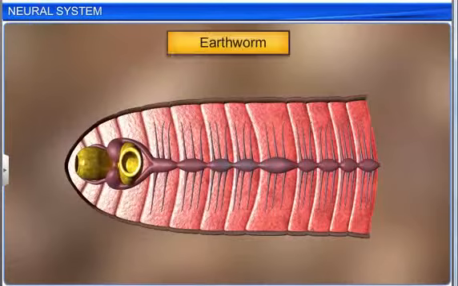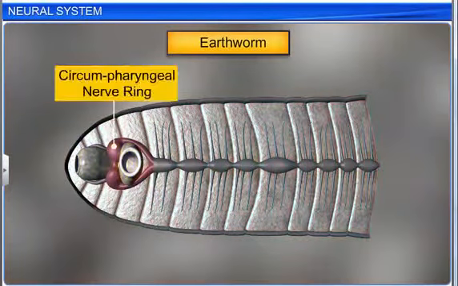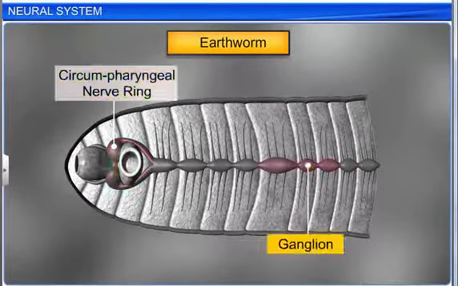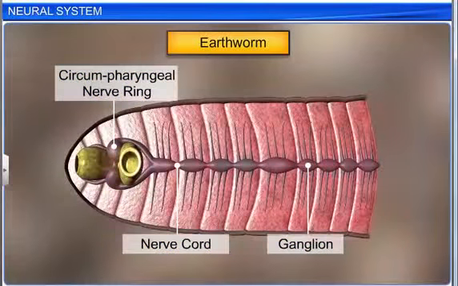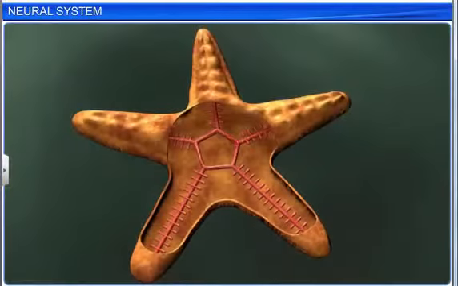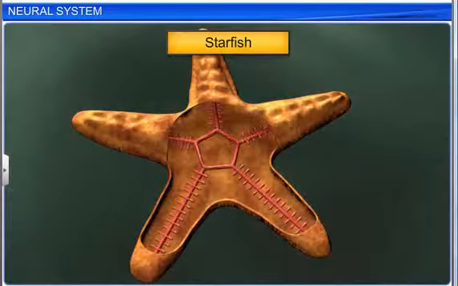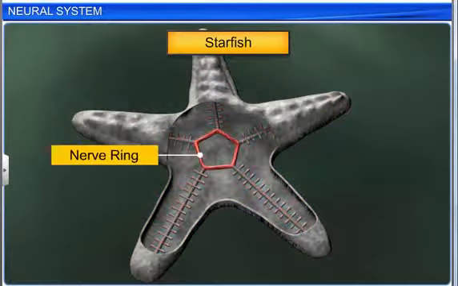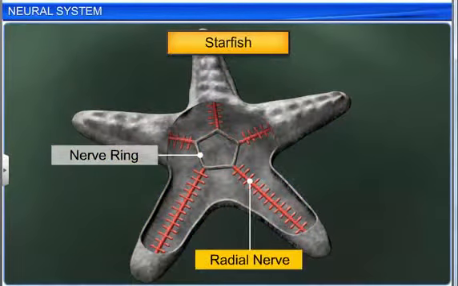The neural system of earthworms consists of a circumpharyngeal nerve ring and a single, solid, ventral and ganglionated nerve cord. Insects have a better organized neural system. Starfish do not have a brain, and its nerves are radially organized with a connecting ring in the center.